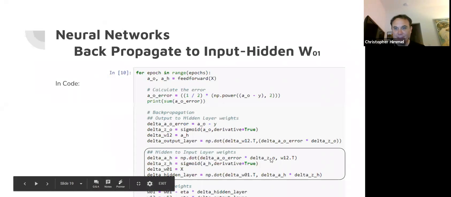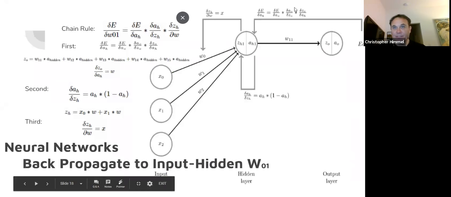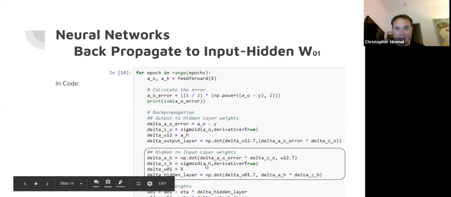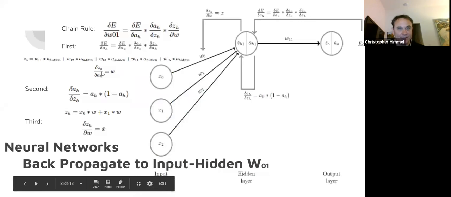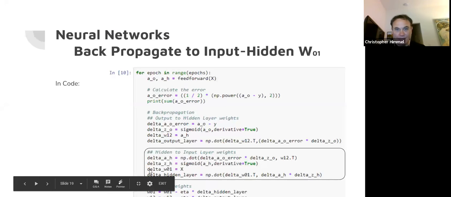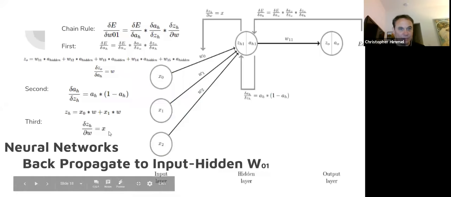And that's multiplying those 3 things together, which is these 3 things. That's what they did. Then we're going to take the derivative of that sigmoid, derivative equals 2, and pass in the AH. So that is this part. And that's going to give us this value to multiply. And then we need to get our delta W1, which we saw was just X.